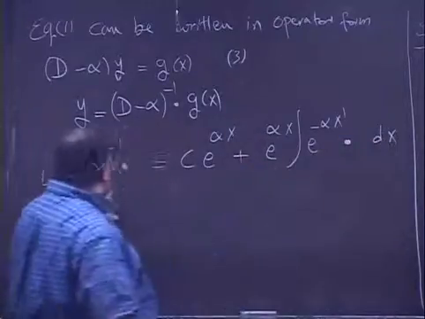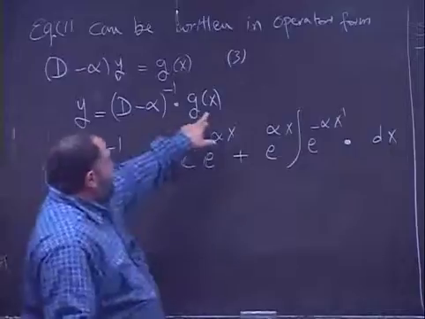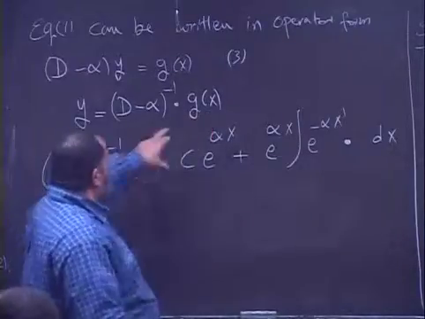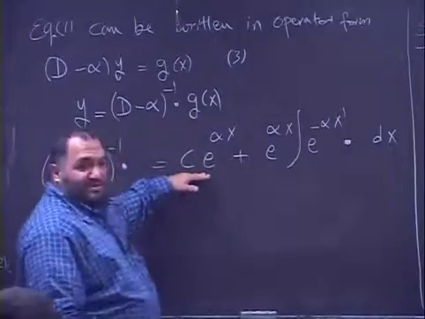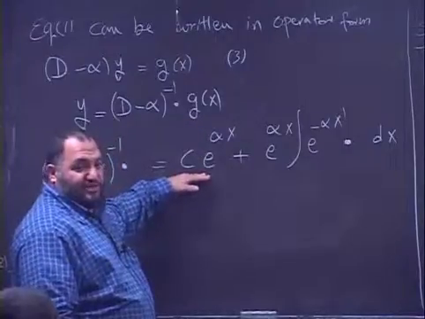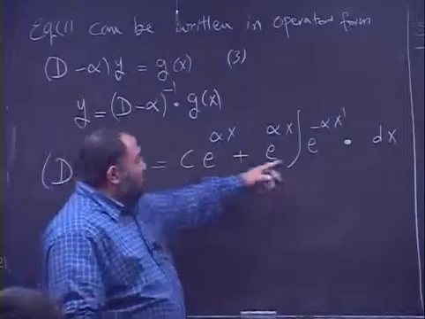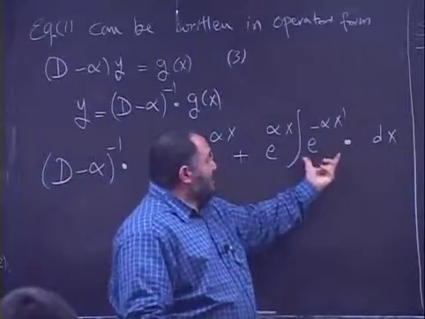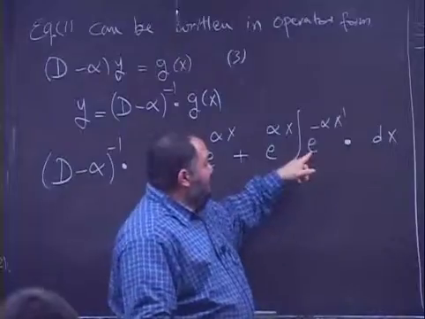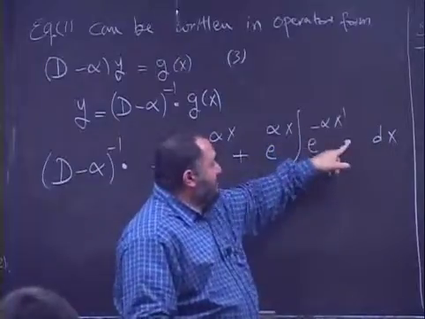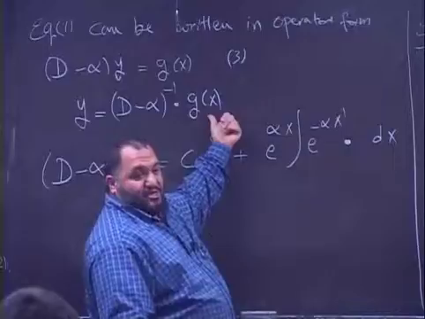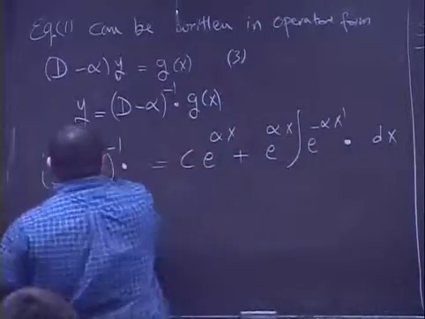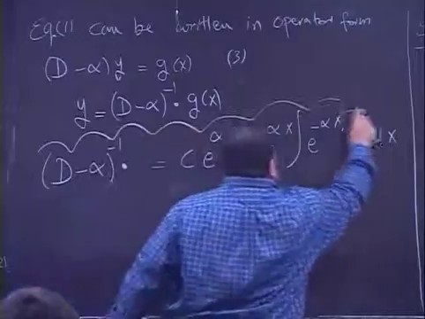Because when you operate with this operator over g of x, the first one does not have any operation over g of x whatsoever. Yes? So the second term will have e to the power of minus alpha x prime operated over what? G of x, and then you integrate over. So this is the operator that we have here.